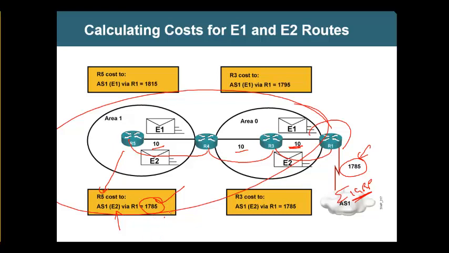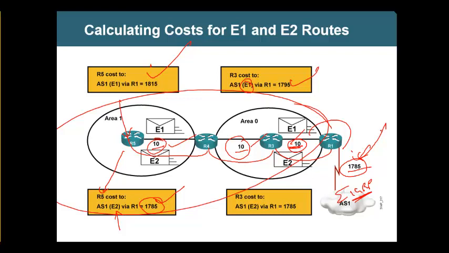But if you change it to E1, 1785 plus 10, 1795 plus 10, 1805 plus 10, 1815. You see, 1815 when it is received here. So if you add all the path costs to the metric given during redistribution, we call it external type 1.